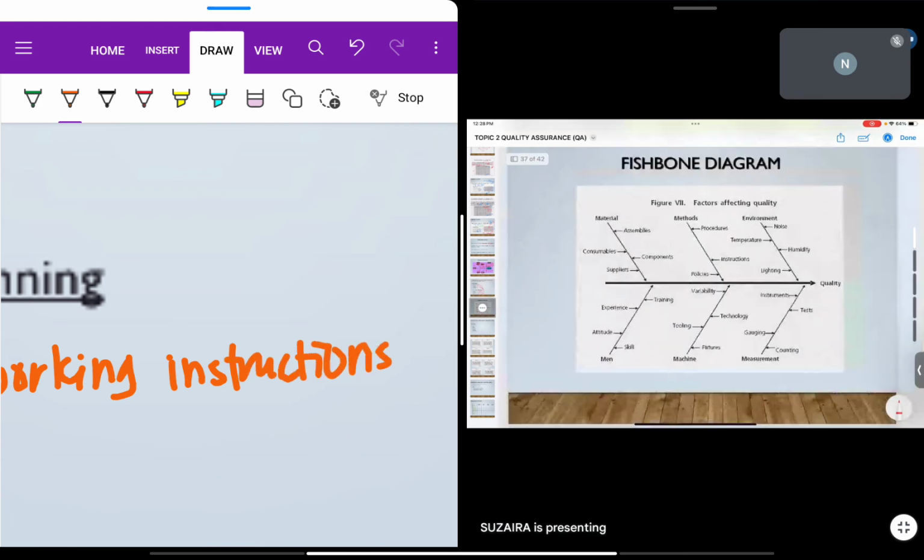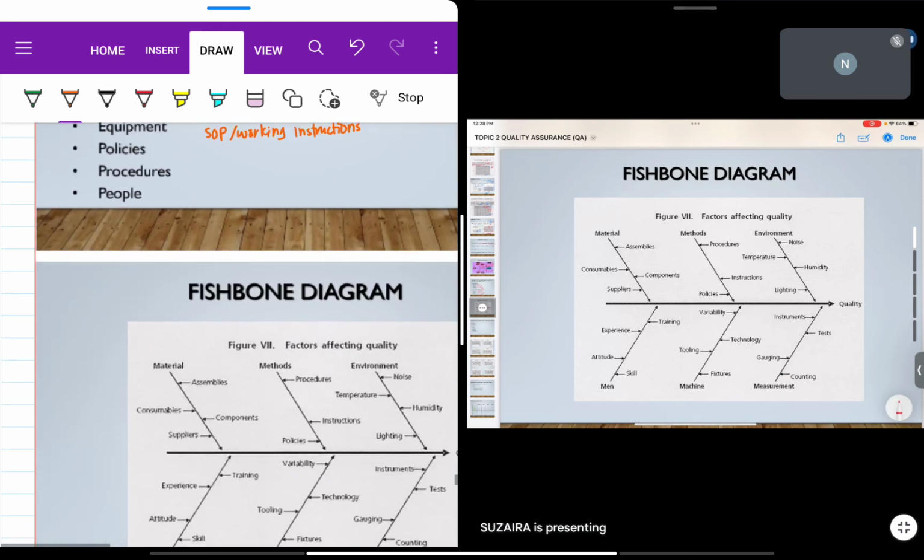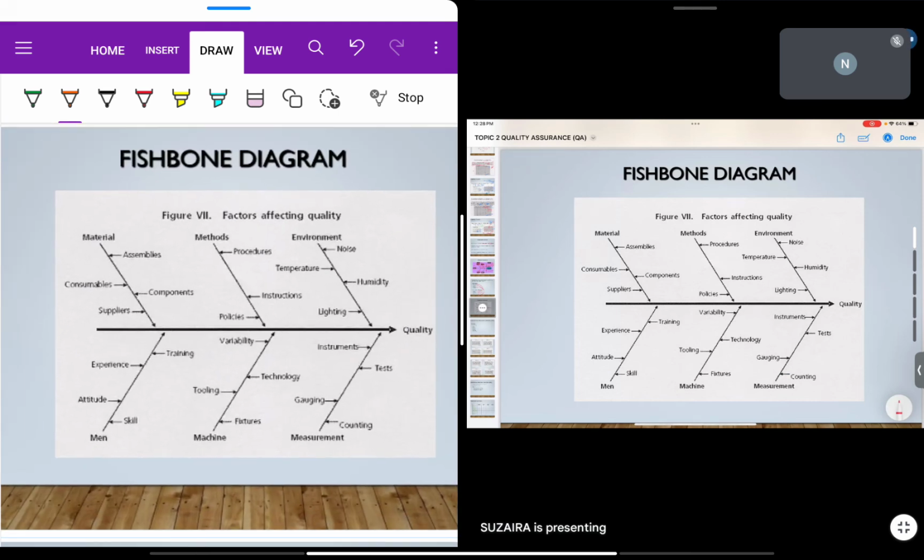This is the example. If you look at the fishbone diagram, we have materials, method, environment. These are the big ones, considered as factors. If just now I mentioned men, operators, they are actually affected by skill and also training, attitude, and experience. So this one is under men.